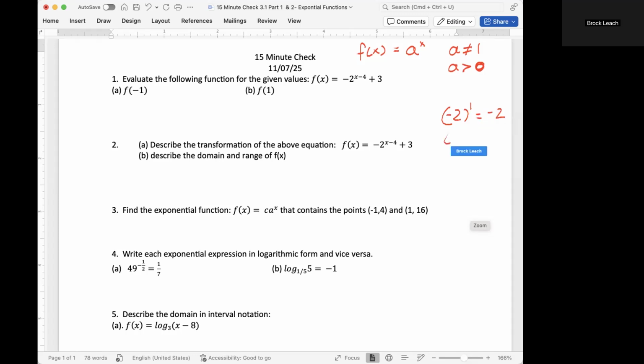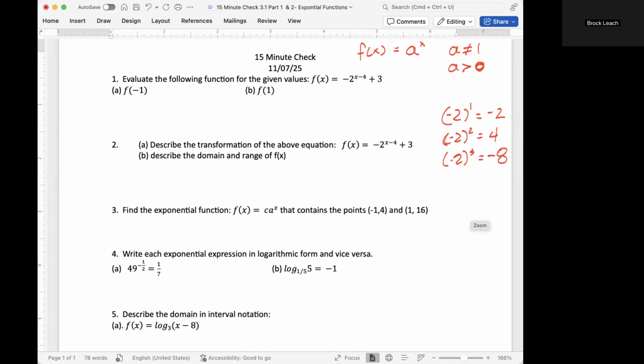And then if you have another power like squared, so we're squaring a negative, that becomes +4. And we take it to the next whole number, 3, and now we're back down to -8. So we have this thing with the powers. When they're even, it becomes positive. When they're odd, then they stay negative.